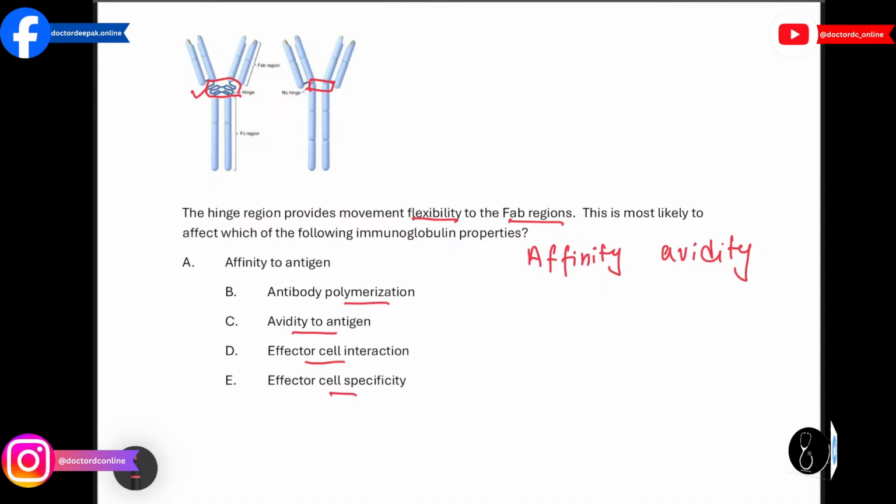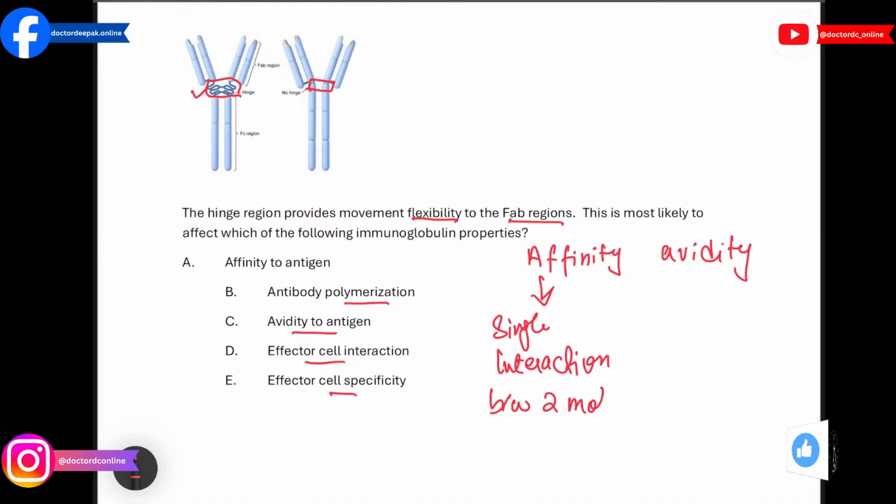Affinity refers to the strength of a single interaction between two molecules.